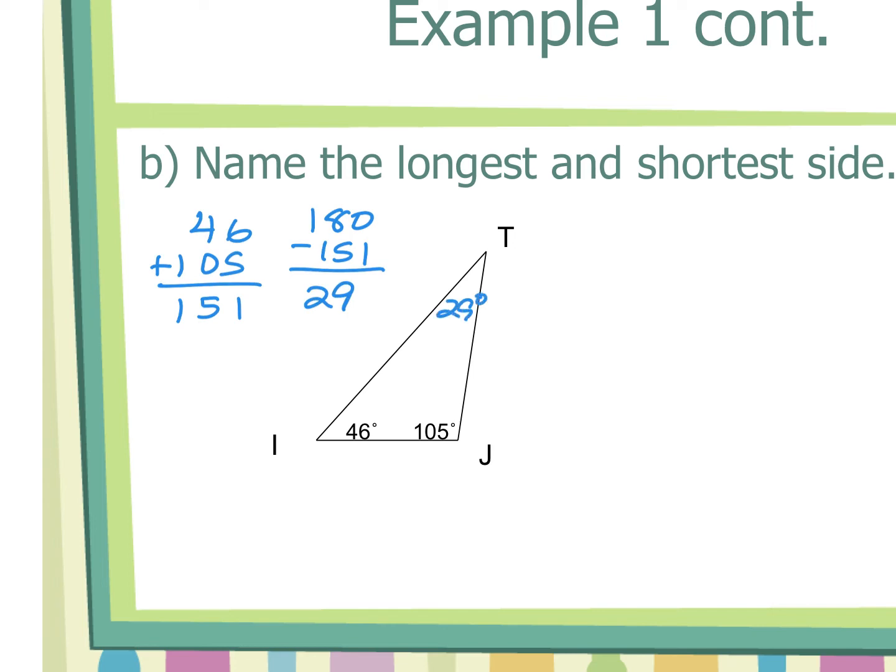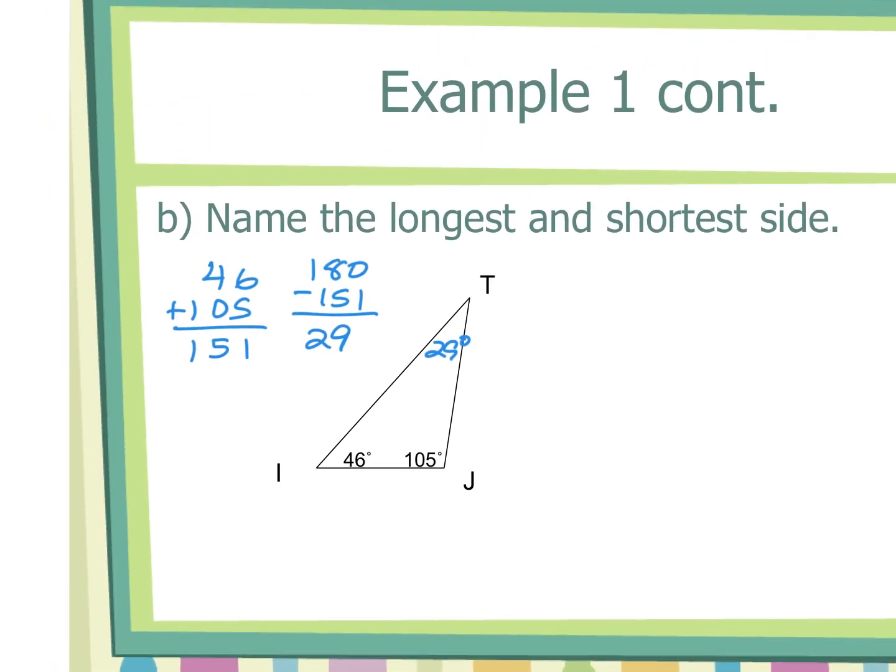That made a difference in my answer because angle T is now the smallest angle in my triangle. So that's going to help me find the shortest side. But let's go ahead and do the longest first. So my longest side is always going to be opposite the largest angle, and my largest angle here is the 105. So my longest side is going to be, you can either name it as IT or TI.